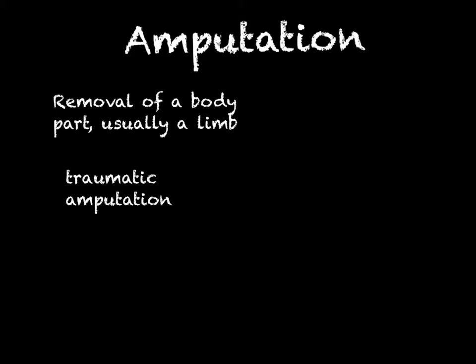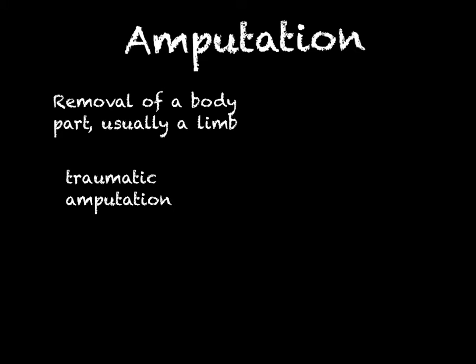I'm sorry. Or it can be as a result of a car accident or an industrial accident, people who get their fingers caught in a saw or a hand or part of a limb. Traumatic amputations, about 2/3 of them involve the upper extremities, and the remaining third goes for lower extremities.